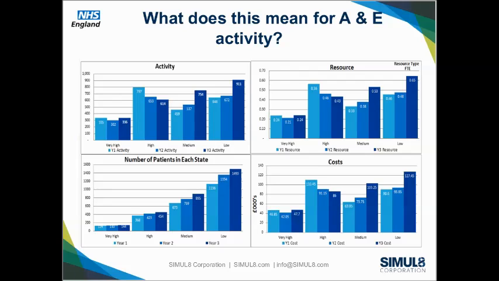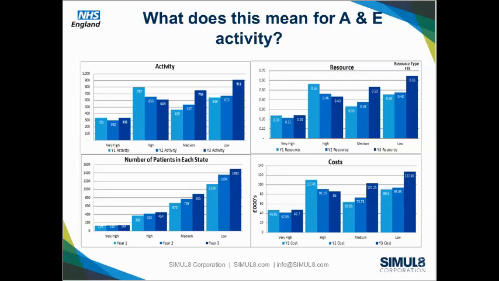So one of the questions you might want to ask is, okay, if I bring in an enhanced GP service, for example, and I expect that that will reduce my activity in A&E and also knock on to non-elective admissions, what does that look like? What does that look like in my cost and activity in hospital services?